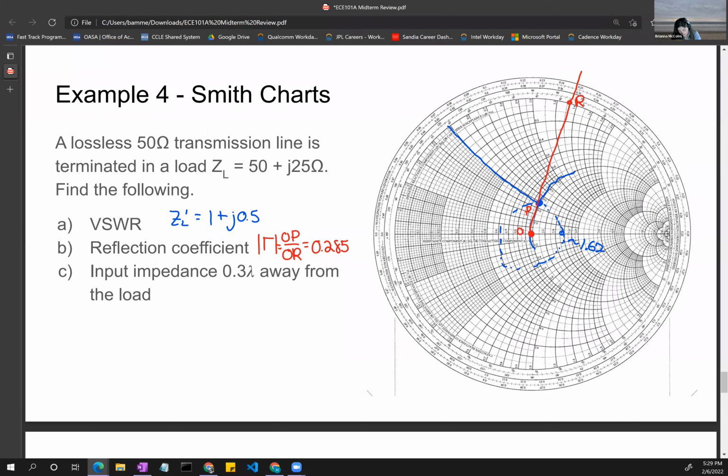That's going to be our new location. And so if we look at this location here and draw a line from the center of the circle to this location, then we can look at where it intersects and see that we have an input impedance.